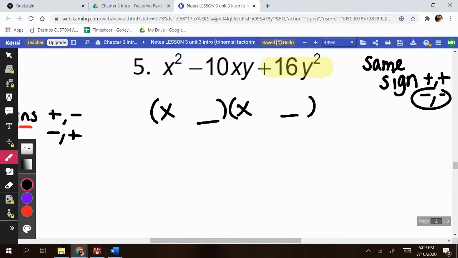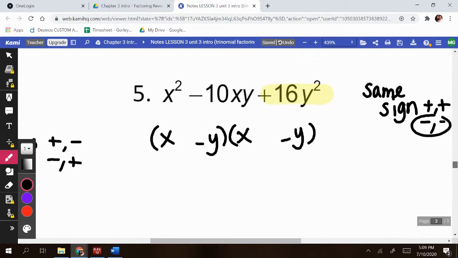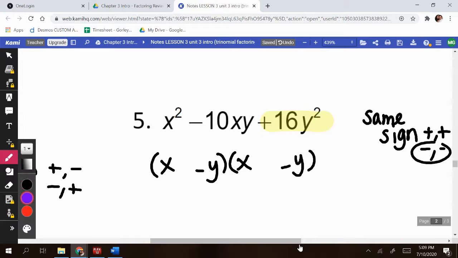And last times last has to give me 16y squared. Ooh, that's kind of tricky. I know that we're going to have y times y there in order to get the y squared, but I'm not sure what to use as a coefficient. Let's think about what are some factors of 16. We have 1 and 16, 2 and 8, 4 and 4.